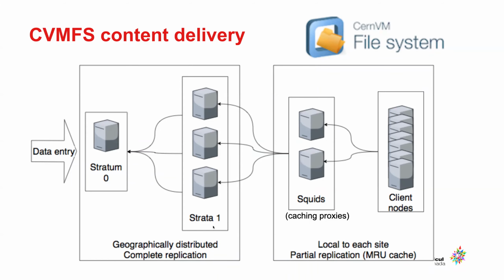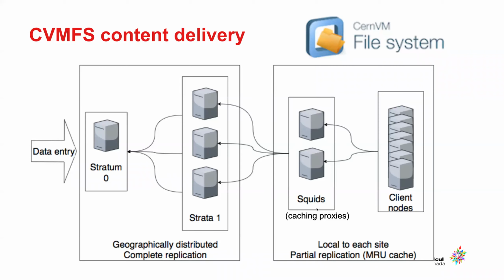That stratum 0 is completely replicated into multiple stratum 1s. We have 2 public ones and a couple private ones as well that are distributed across Canada. This box here is managed by our CVMFS infrastructure team led by Ryan Taylor.